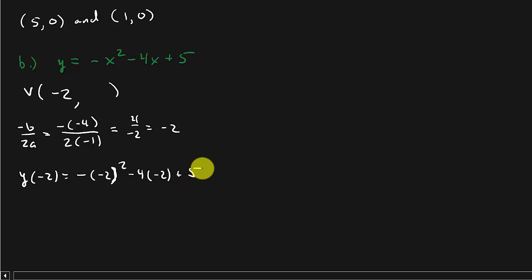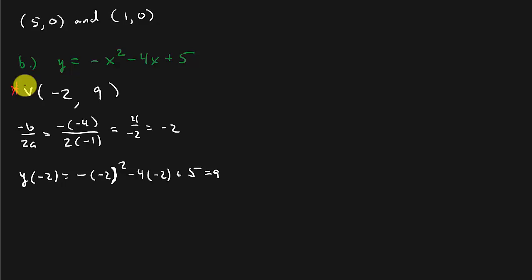Negative 2 times negative 2 is 4, but with a negative in front, that's negative 4, plus 8, plus 5, which is 9. And so there's your vertex. Let's put a little mark by that because we're going to plot that point later.